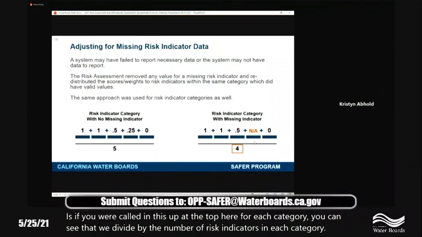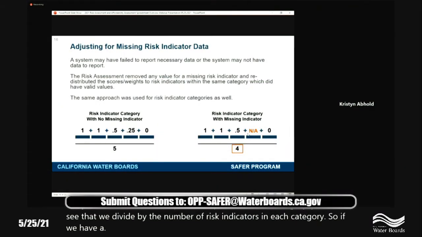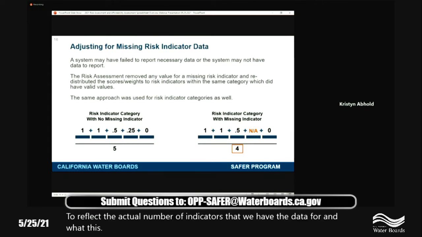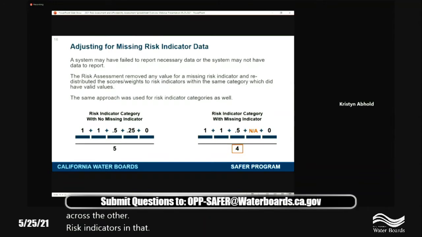If a water system is missing a data point, we change that number to reflect the actual number of indicators that we have the data for. This helps us normalize the data and also redistribute the weights across the other risk indicators in that category. And we do the exact same thing for the categories.